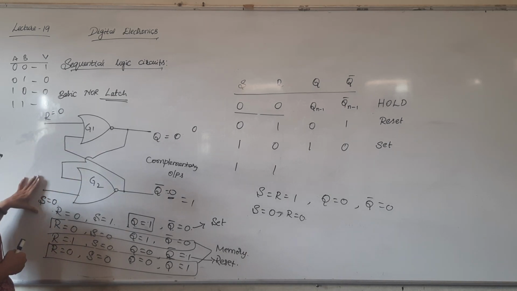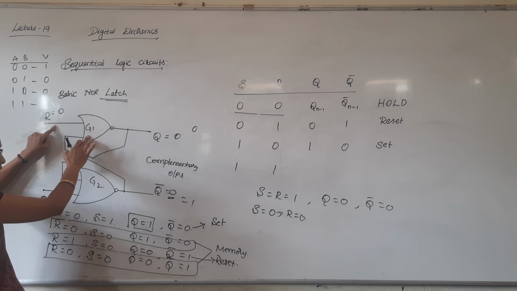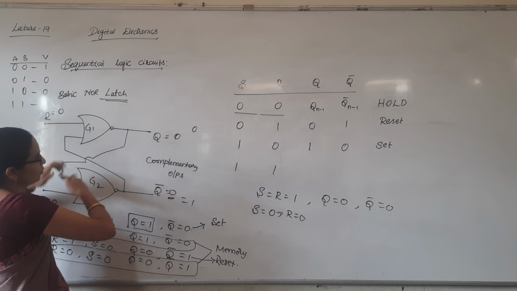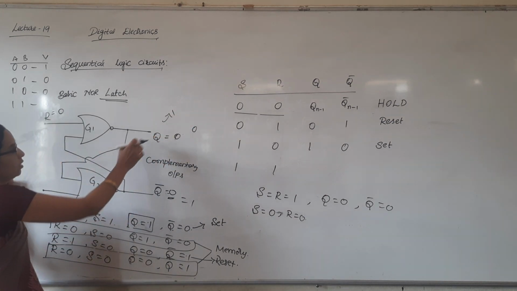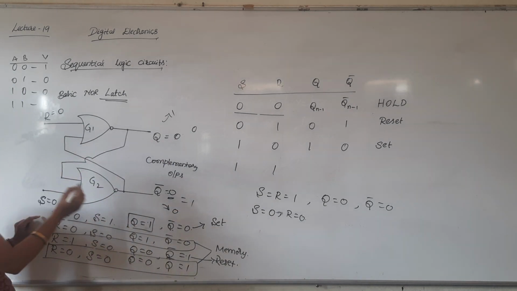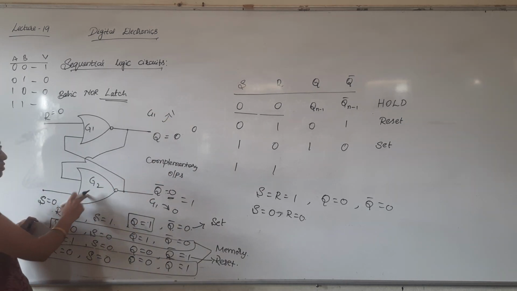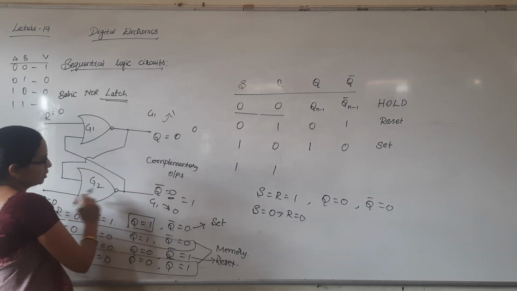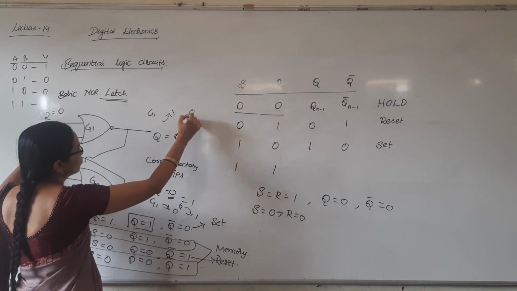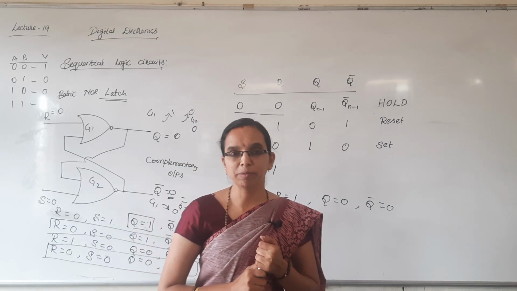When I made both 0 0, I am going to analyze gate 1 first: 0 and 0, it becomes 1, 1 and 0 that is 0. It should not happen, right? You are getting my point, I guess.